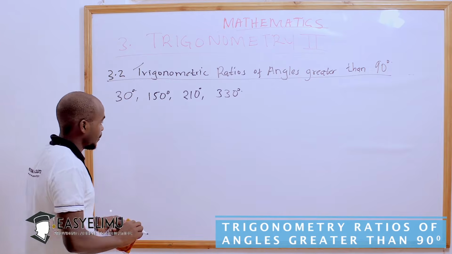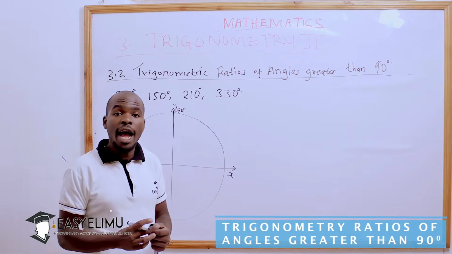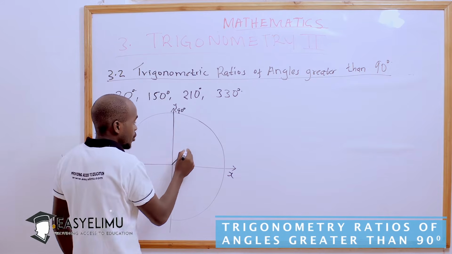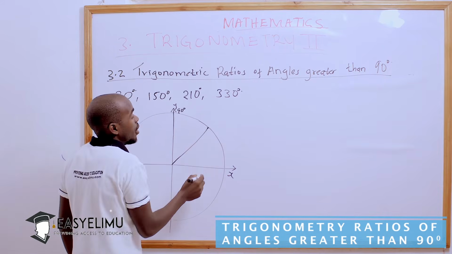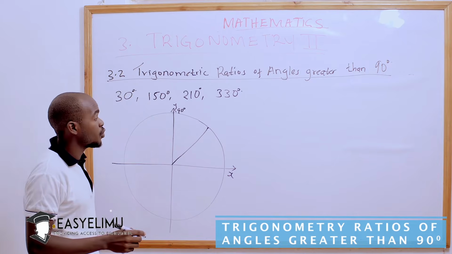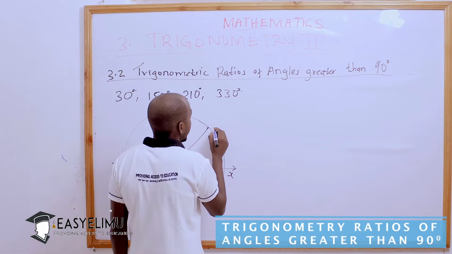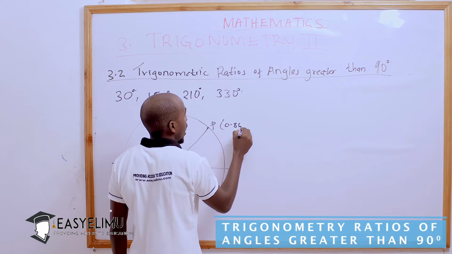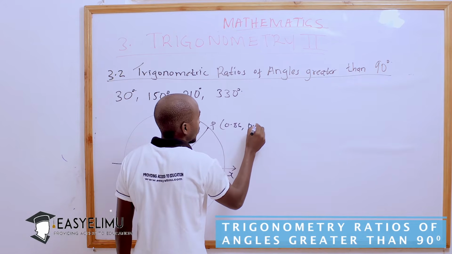But for this time, we are going to see how we can find them using a unit circle. We have seen that if we have an acute angle such as 30 degrees, it lies at this point, and we had here all of the values we got for cos theta. The x coordinate here was 0.86, and the coordinate of y was 0.5.